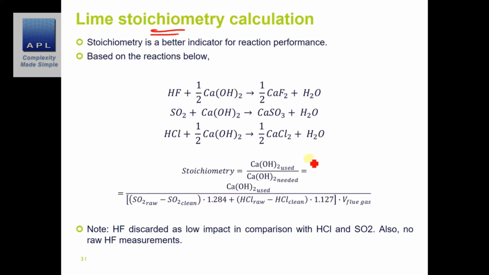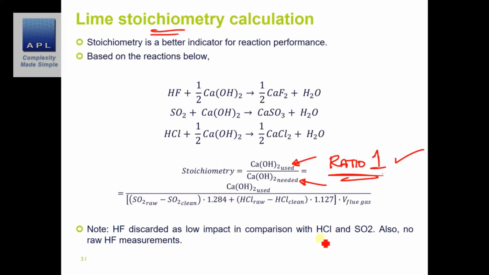It's essentially how much lime is used divided by how much lime was needed. And obviously, if that ratio hits 1, that's where we want to be, because exactly the right amount of chemical was needed for the right amount of flue gas.